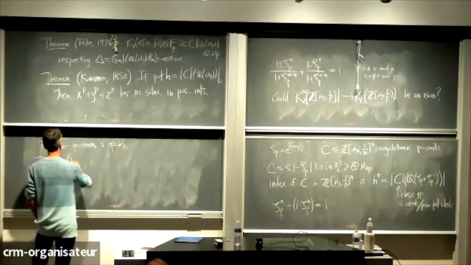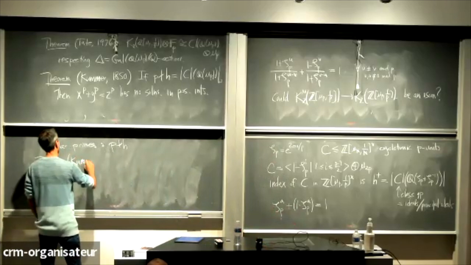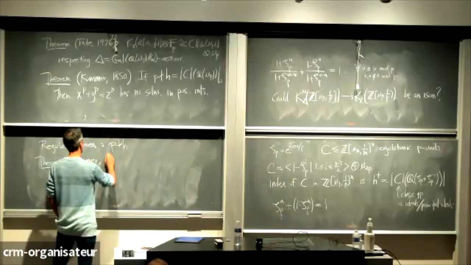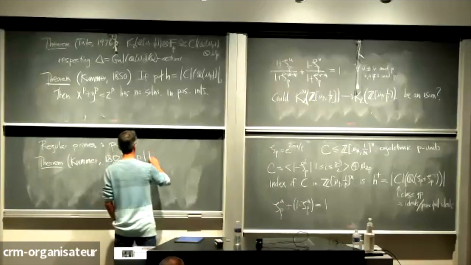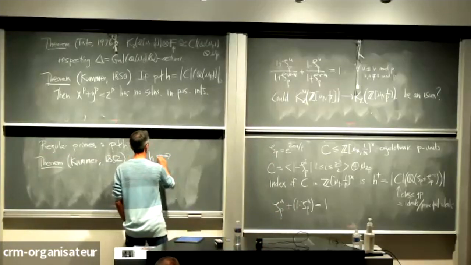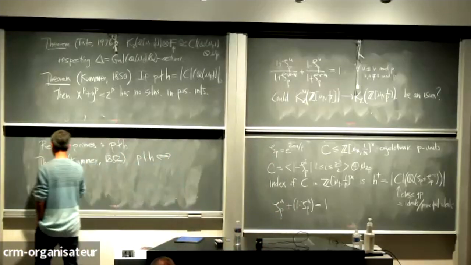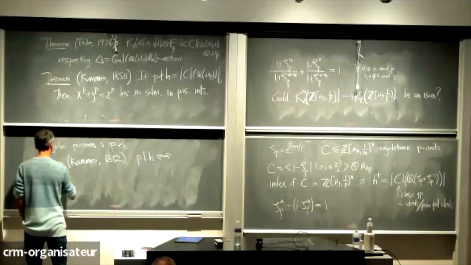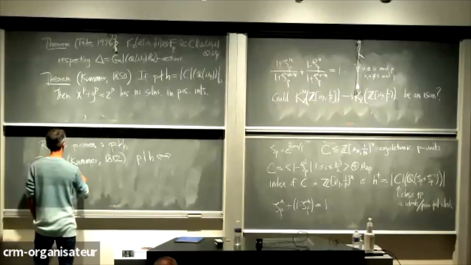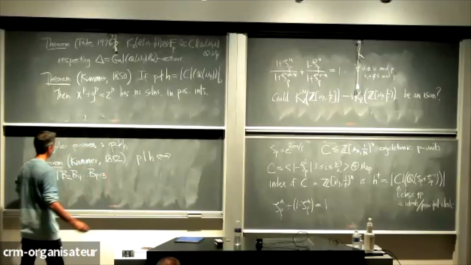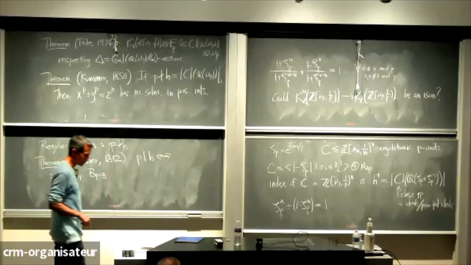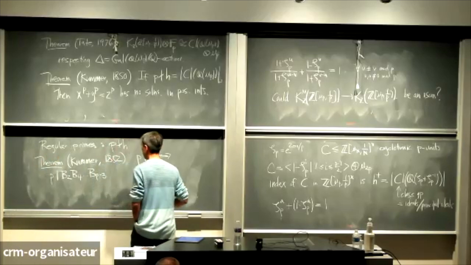maybe more relevant for what we're doing. Kummer, I think 1852. p divides h if and only if p divides the numerator of one of the Bernoulli numbers B2, B4, up to B_{p-3}. And none of those have p in the denominator, so I mean, divides the numerator.